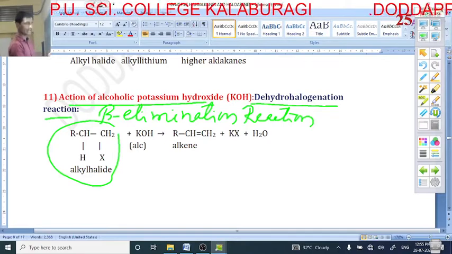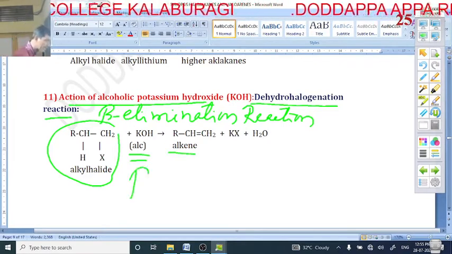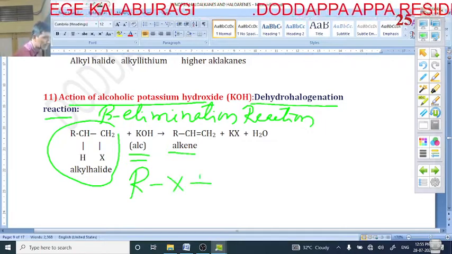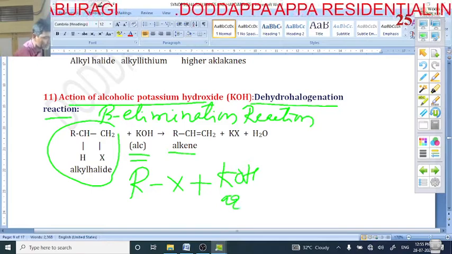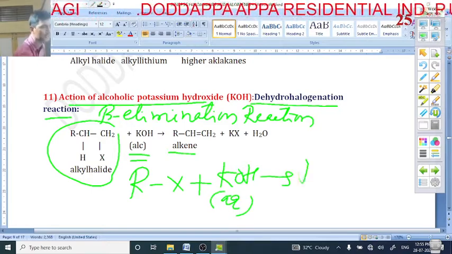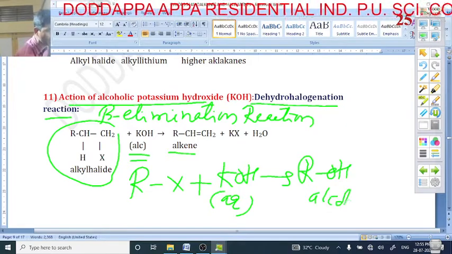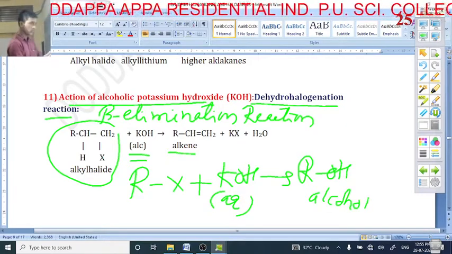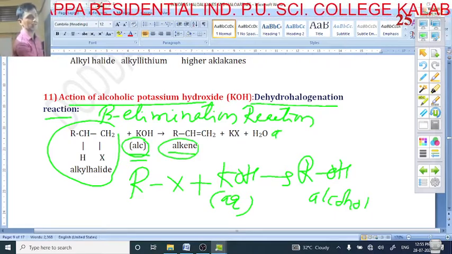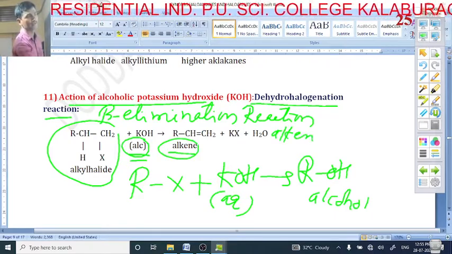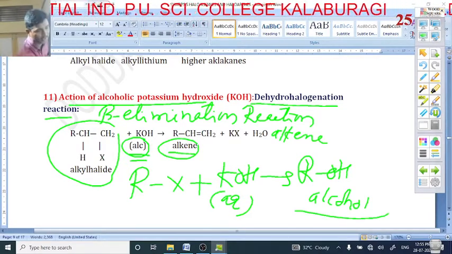This alkyl halide reacts with alcoholic KOH. But with aqueous KOH, it gives ROH, which is called alcohol. The difference is that with alcoholic KOH, it gives alkene, but with aqueous KOH, it gives alcohol.